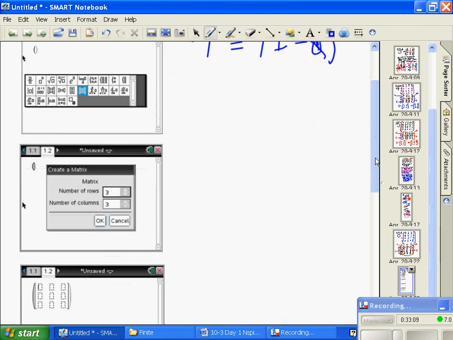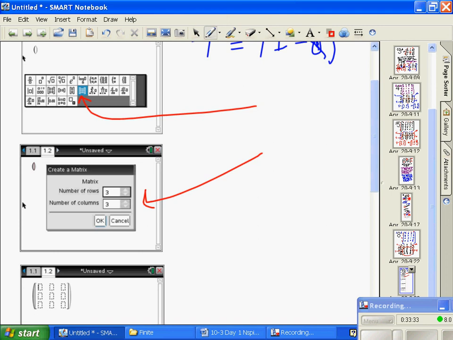Now this time, when you go to that template button by the number 9, you do not want a 2 by 2. You want to be able to pick any size you want. It looks like a 3 by 3 matrix, but actually this is a screen that comes up and you can put whatever dimensions you need for the matrix. So that's kind of like the generic matrix.